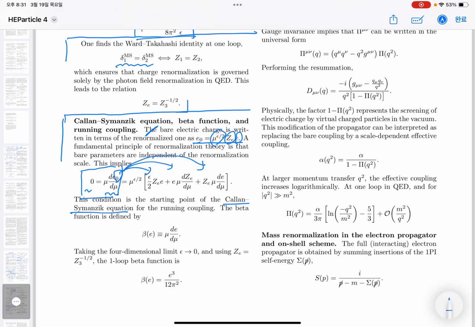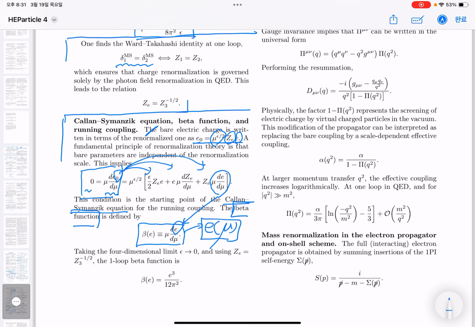One can define the derivative term as a beta function. The beta function represents the differential equation for the renormalized coupling e. So the solution of this beta function gives the running coupling over another scale.